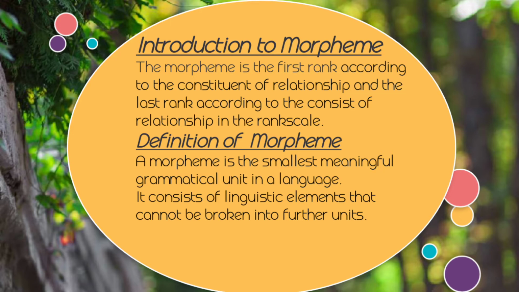Now somebody may ask, what is a rank scale? Well, that does not fall into our tutorial for today, but I would like to throw a little light on it. When we say a rank scale, it is just the grammatical arrangement of units according to size. So arranging the units in terms of their size, how big the unit is, that's what we call the rank scale.